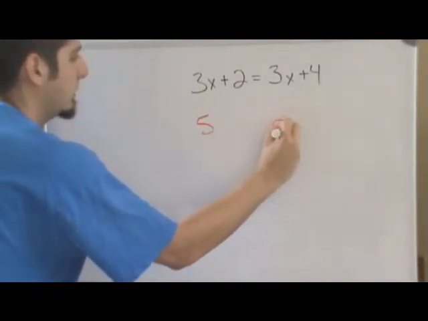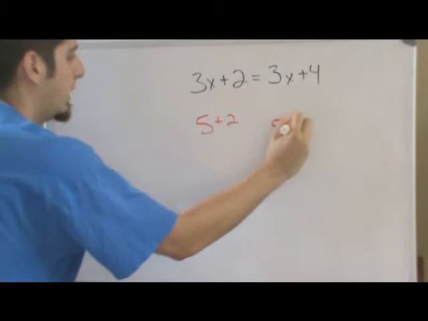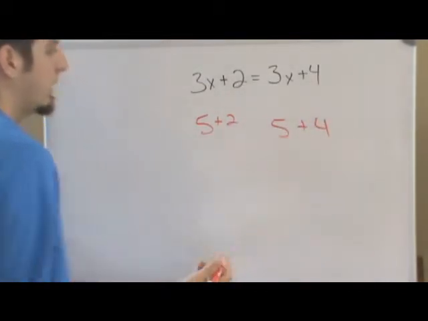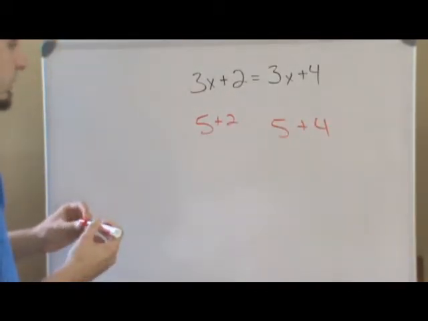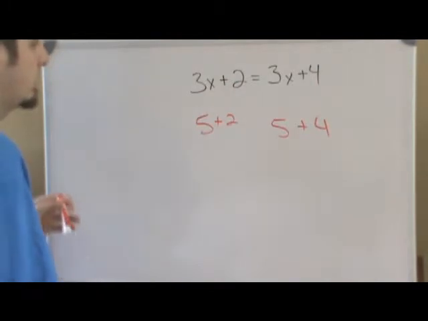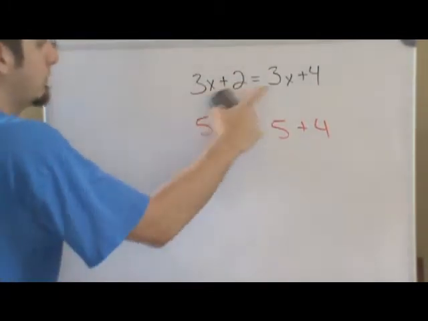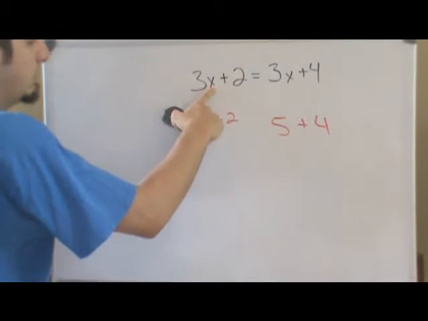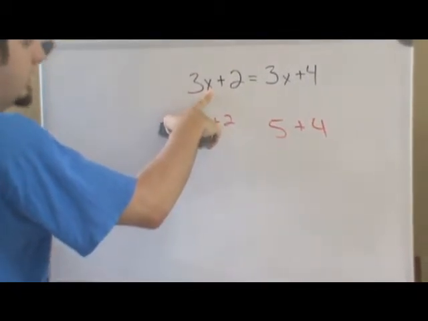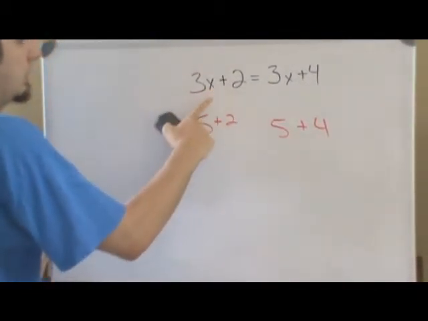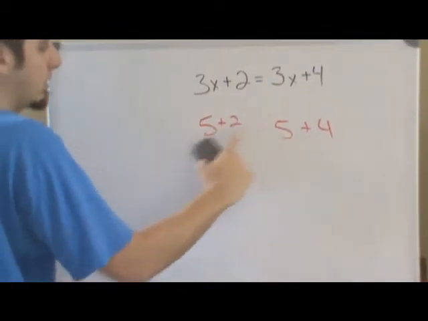Let's say it's 5. I can't add 2 to 5 and 4 to 5 and get the same answer. It's impossible. Never will happen. And this situation is going to come up no matter what number I plug in for x. I could plug in 1, I could plug in 4.3, I could plug in 720. I'm going to get the same answer here and here every single time.